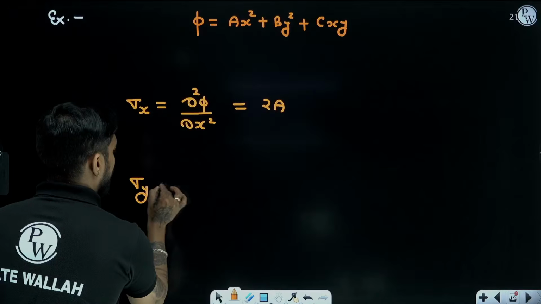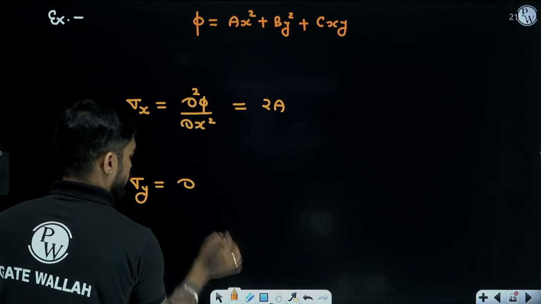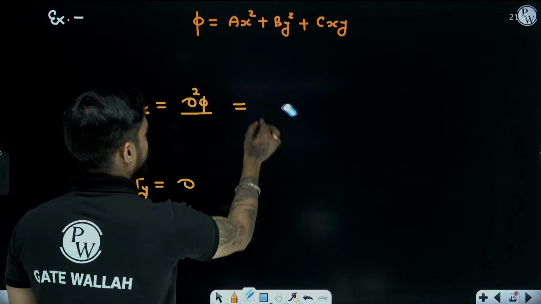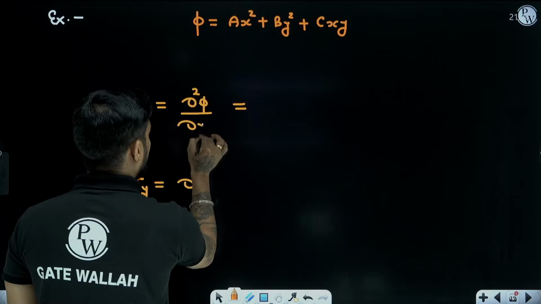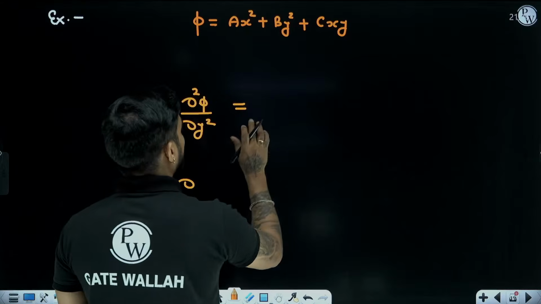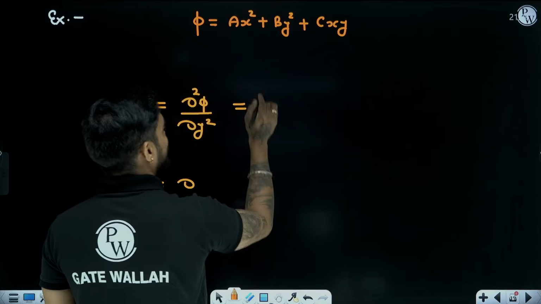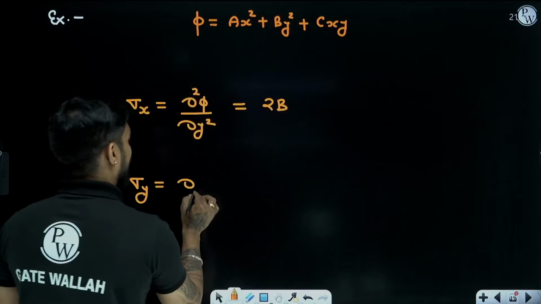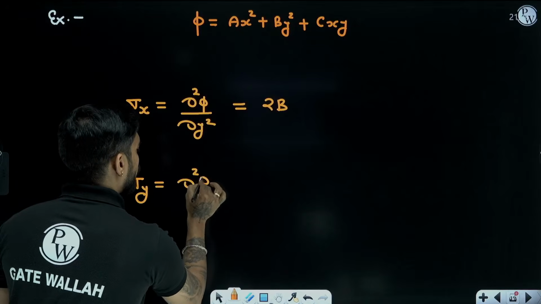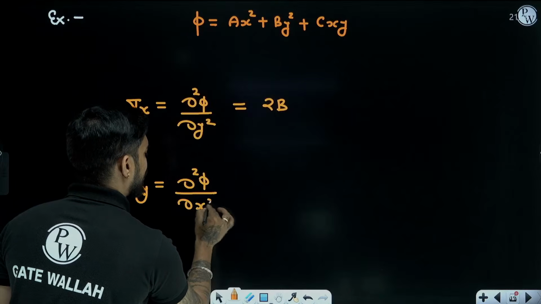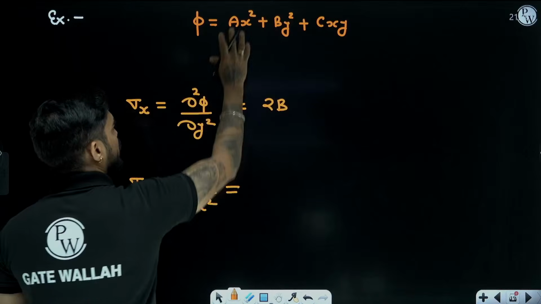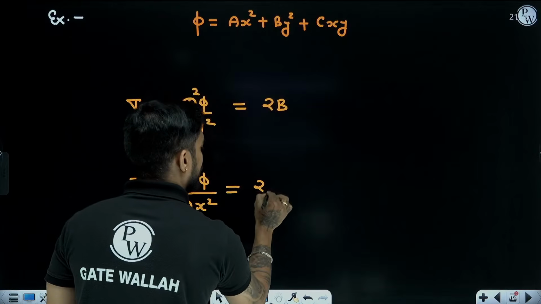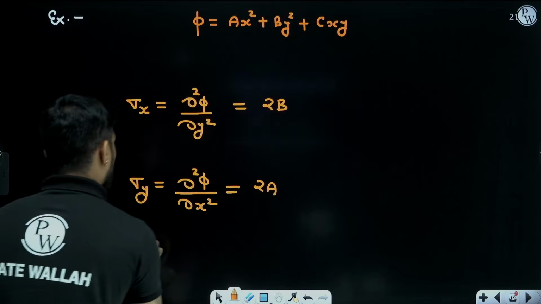Similarly, sigma y is ∂²φ/∂x². Differentiating twice, it will give 2a, and these two will become 0.